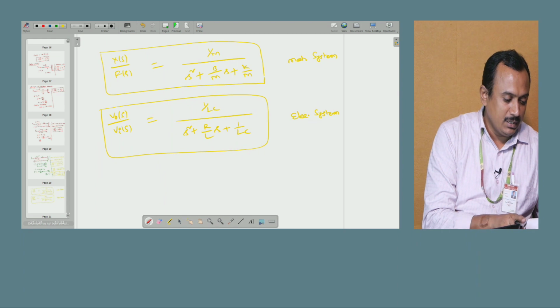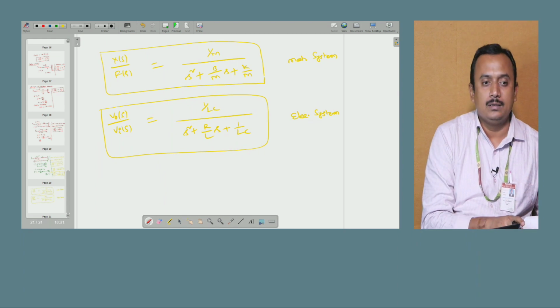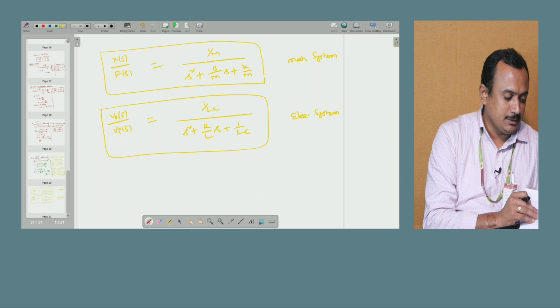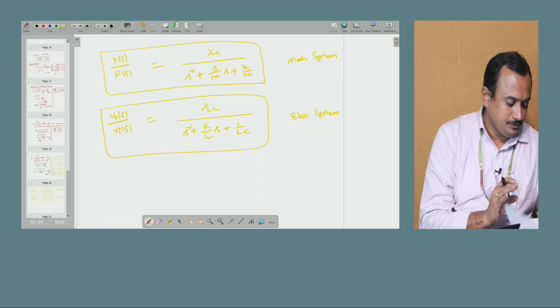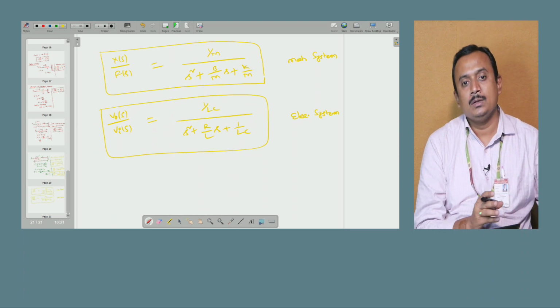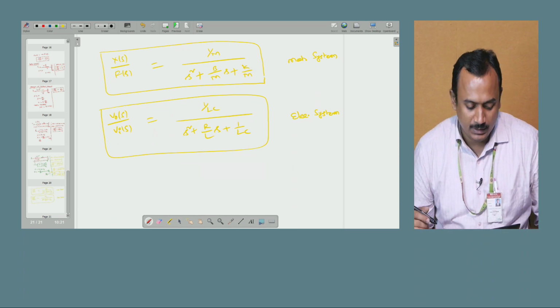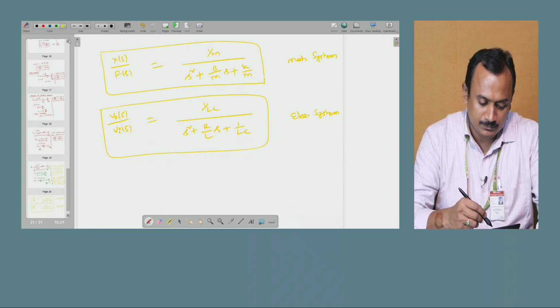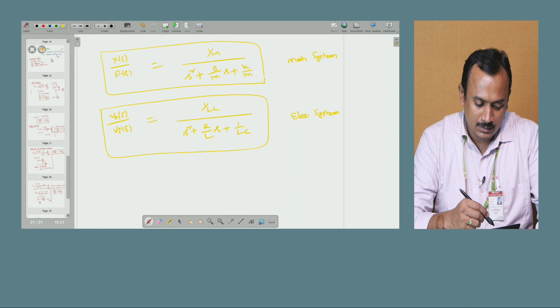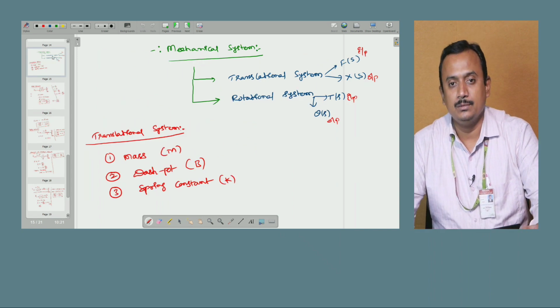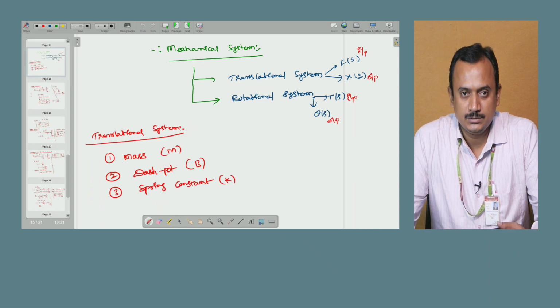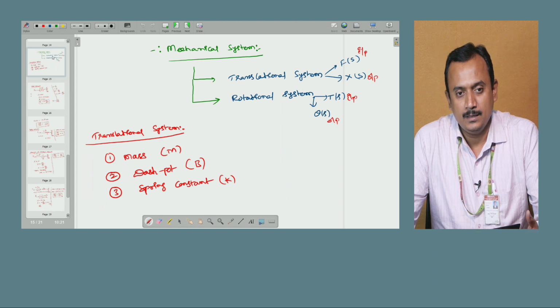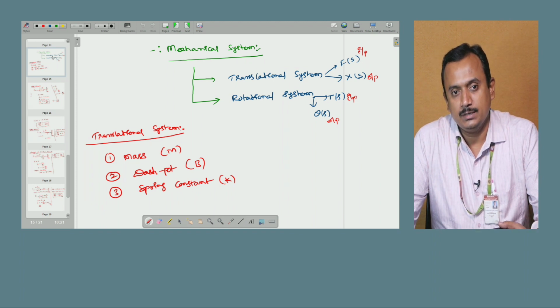Now like this we can have the transfer function for various types of mechanical systems. Now if you look at the topics we have discussed so far, from the mechanical system we have seen finding the transfer function of the mechanical system, and we started with defining the transfer function for various systems.